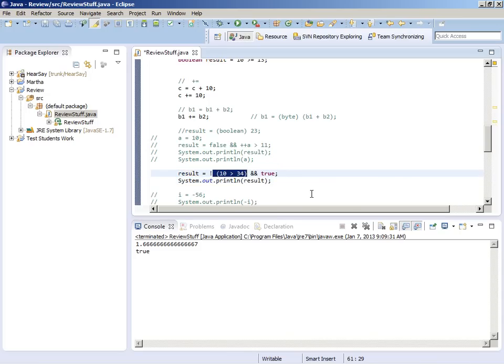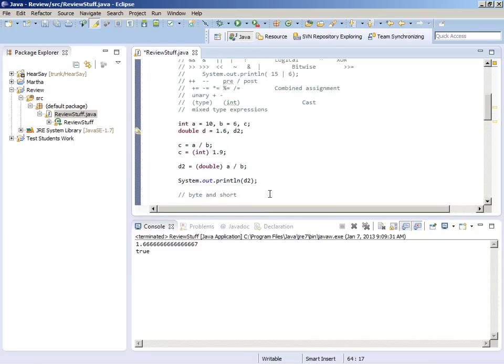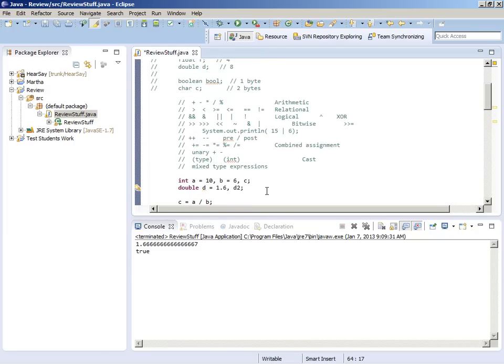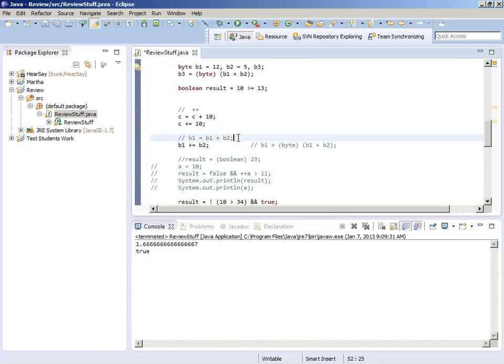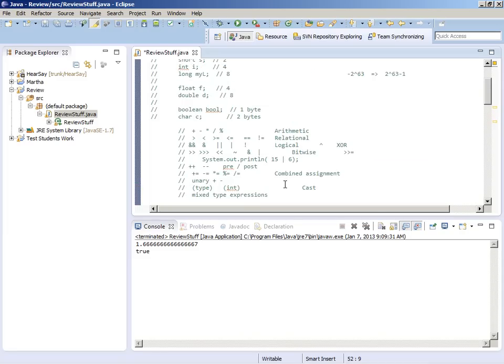So if you have an expression that evaluates to a Boolean, you can put a not in front of it. All of the operators in Java, including these obscure ones that we're probably never going to use, the bitwise ones, the combined assignments, which have one trick that make you think that you're doing arithmetic with bytes or shorts, but you're not.